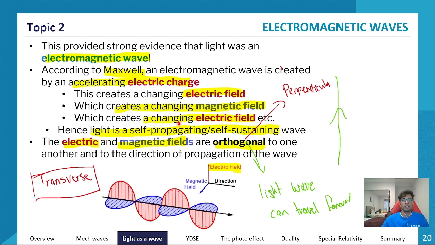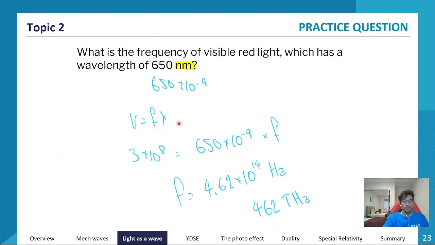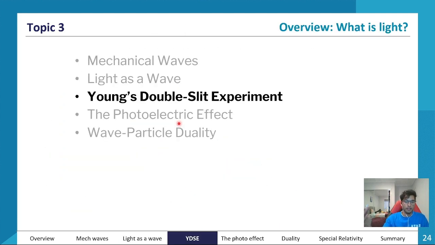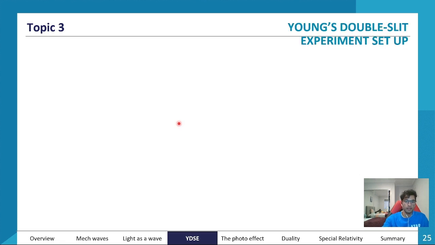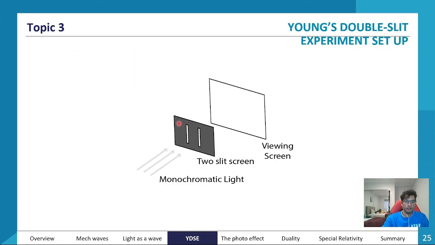It was mainly just theory at this point. So the physicists wanted to actually verify: is light a wave, or is this just a random theory? This brings us to one of the most famous experiments in physics.